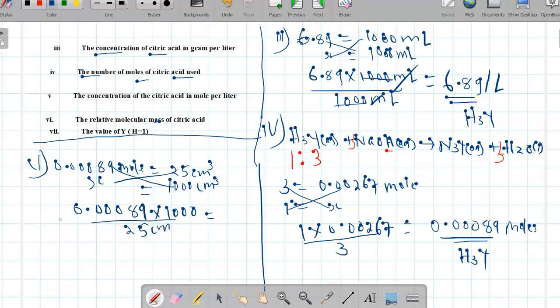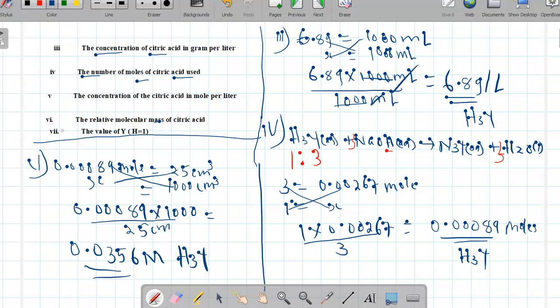You'll get the molarity of the acid, 0.0356 molar. Sorry for that error. Yes, that's the molarity of the citric acid.